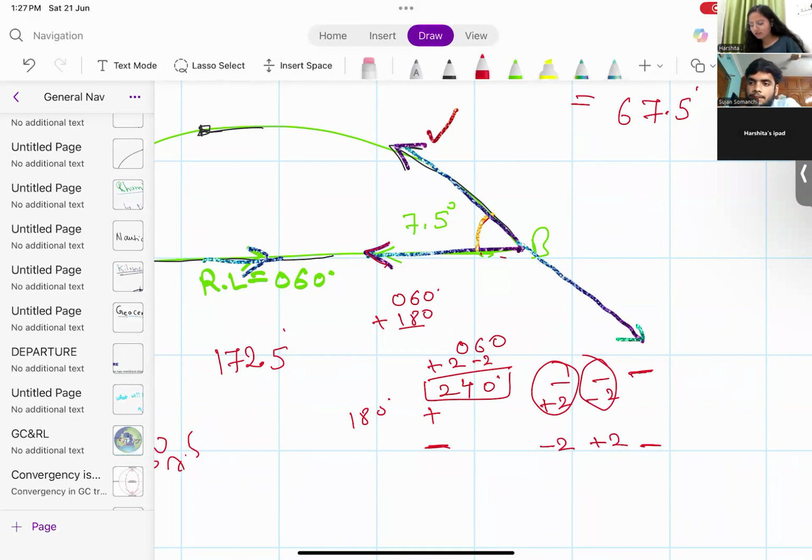Except for the numbers from 110 to 119, you simply have to add or subtract. So 060 plus 180. This direction became 240.